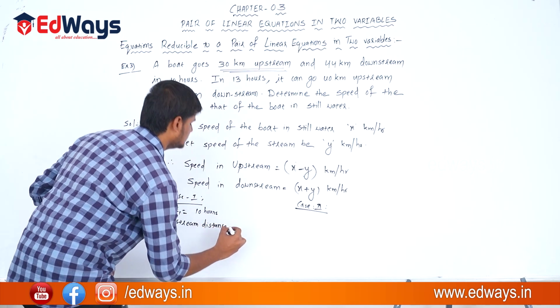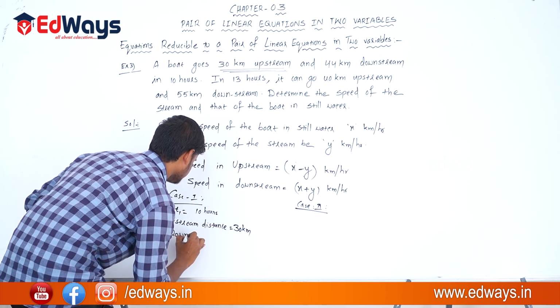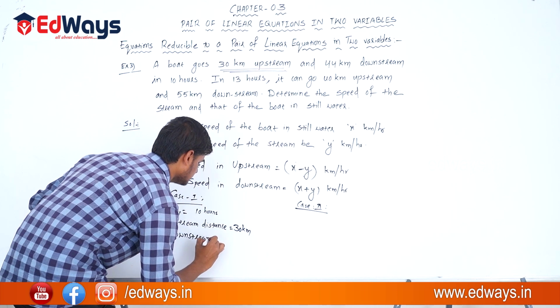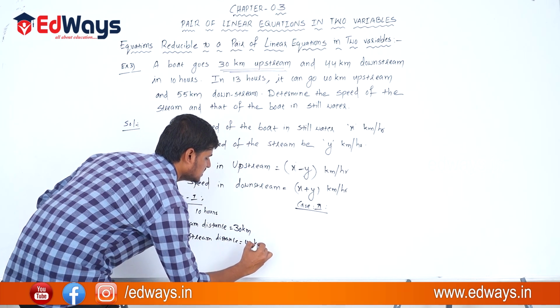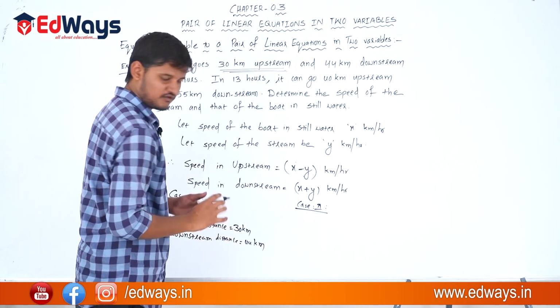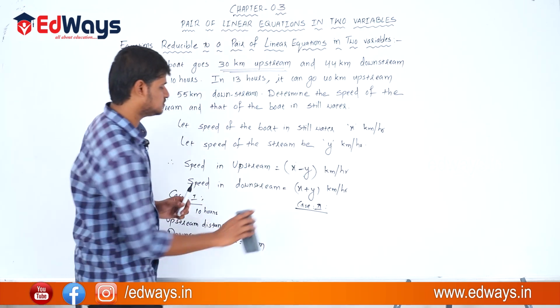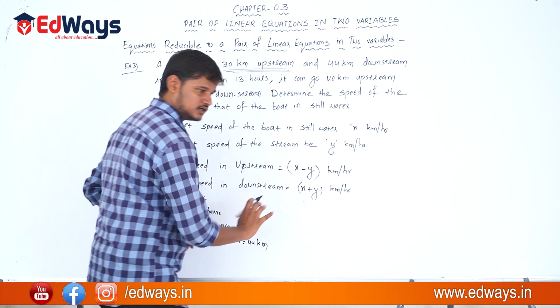Upstream distance is 30 kilometers, and downstream distance is equal to 44 kilometers. Let me do case 2 over there, because the space is not sufficient here. I'll write over here.